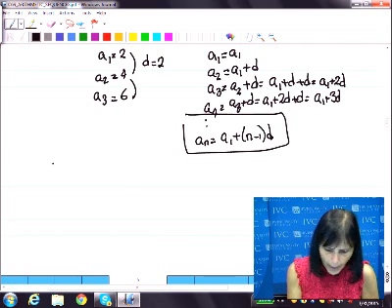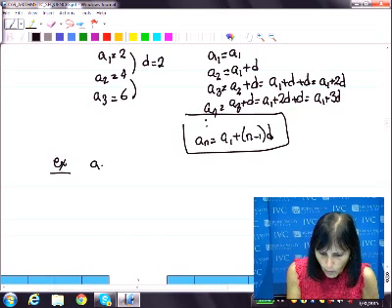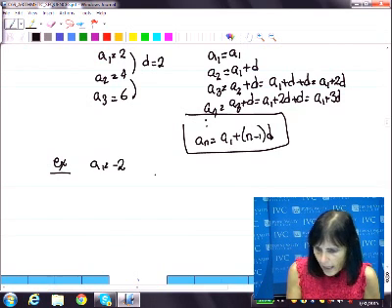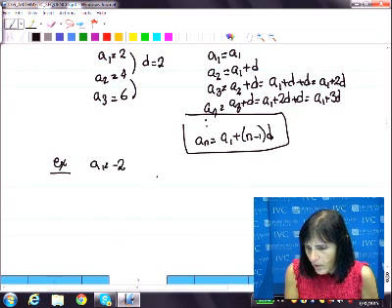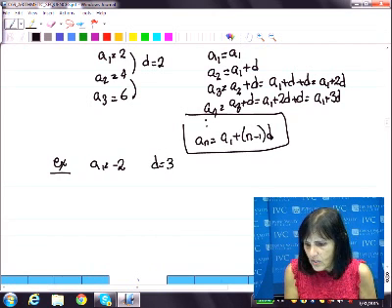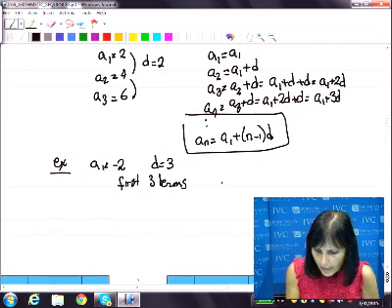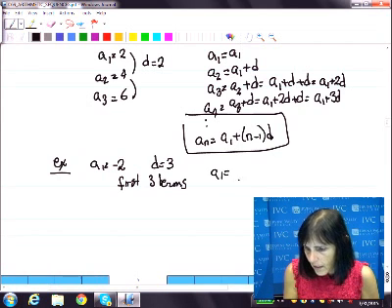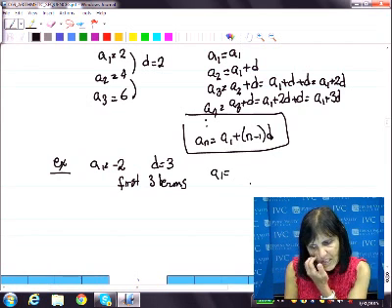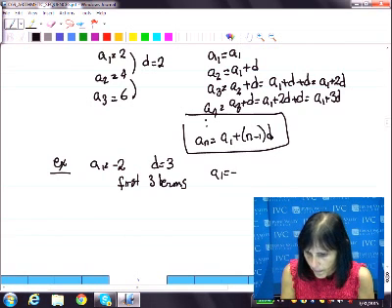Okay, one problem might be they may say, okay, A1 is negative 2, and D is 3. I want to see the first 3 terms. Okay, so they gave me the first term. What is that going to be? The first term is negative 2. What is the next term?